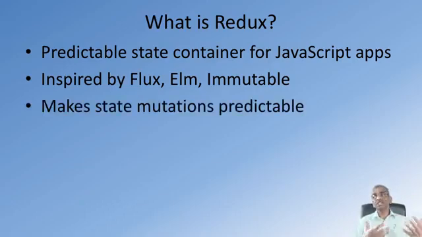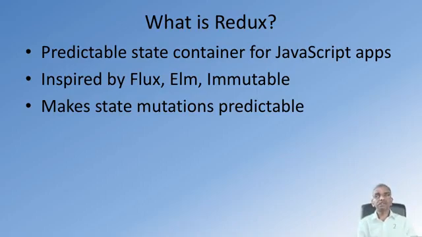Now, given this introduction to Redux, the reason for adopting something like Redux is that it makes state mutations predictable. Redux also supports things like time travel, debugging, and so on, which I will illustrate briefly as we go through the exercises. We will see that there is a consistent way that you modify the state, and you can even observe how your state is being changed, because when you adopt the Redux architecture for your React application, it becomes even easier to handle these things.